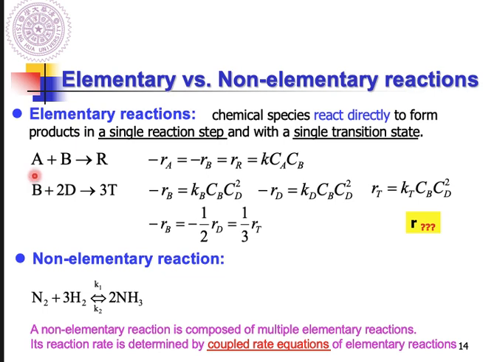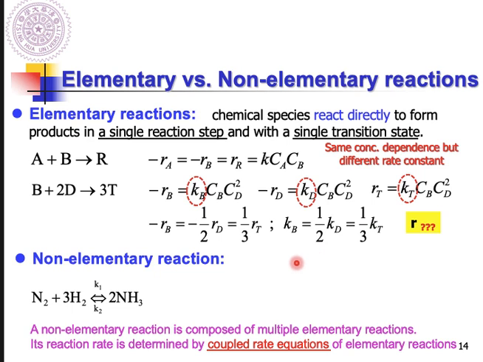You consume 1B, you consume 2D, so you times 1 over 2, and generate 3T, so 1 divided by 3. So you have this relationship between R_B, R_D, and R_T. And this will be identical, so you find the consumption rate or generation rate is proportional to the rate constant. So the rate constants K_B, K_D, and K_T also have this relationship. Okay, so this is quite important.